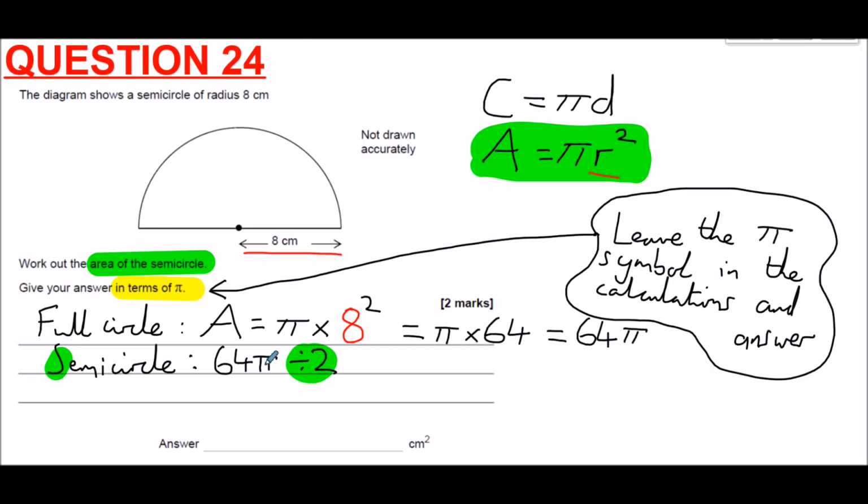So 64 pi divided by 2, what's half of 64 pies? If you're not hungry enough to eat 64 pies, how many pies would you eat? Well, you'd only have 32 pies, which is barely anything really. 64 pi divided by 2 would be 32 pi. And so that's our answer, 32 pi square centimetres.